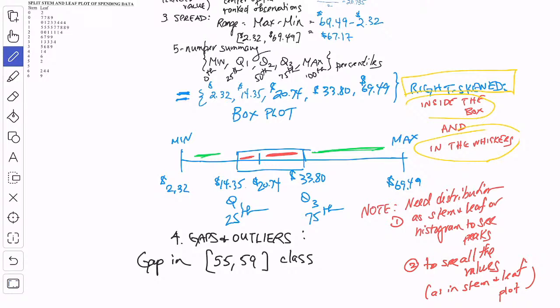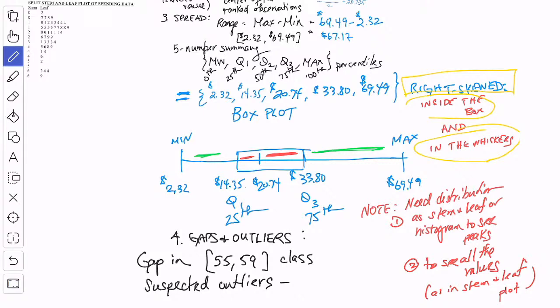And then outliers. So what do we do for outliers? First of all, we identify suspected outliers, values set apart from the rest of the data, and I see 4 of them.